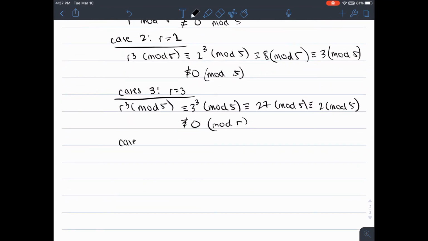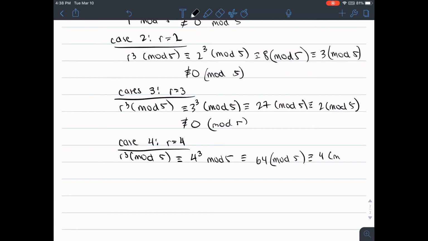Last case, case 4, r is equal to 4. r cubed mod 5 is equivalent to 4 cubed mod 5, which is equivalent to 64 mod 5, which is equivalent to 4 mod 5, also not equivalent to 0 mod 5.